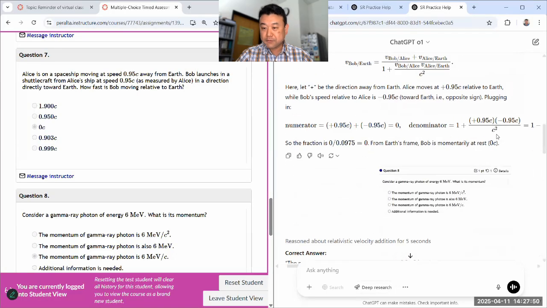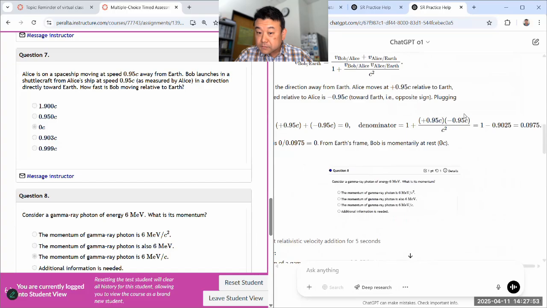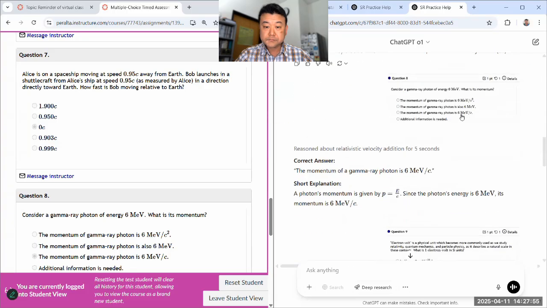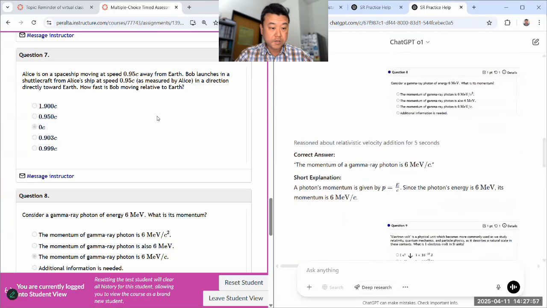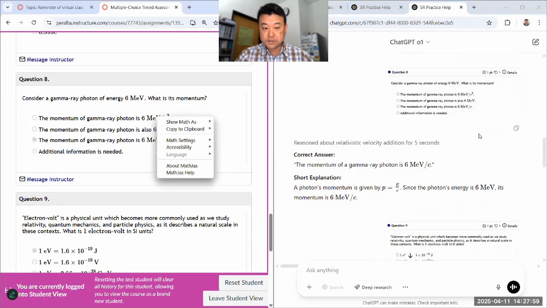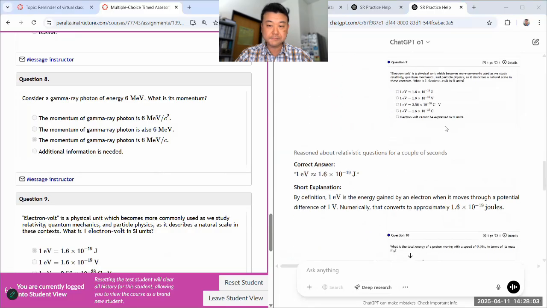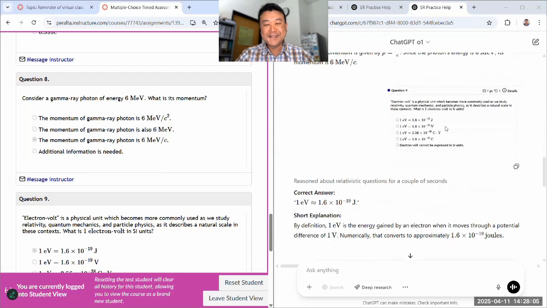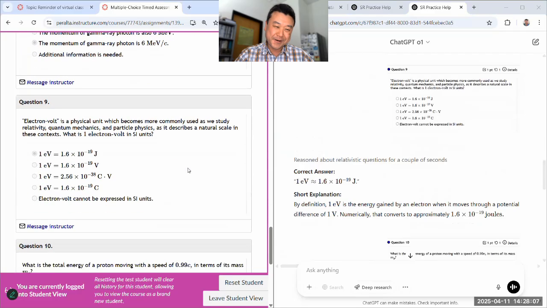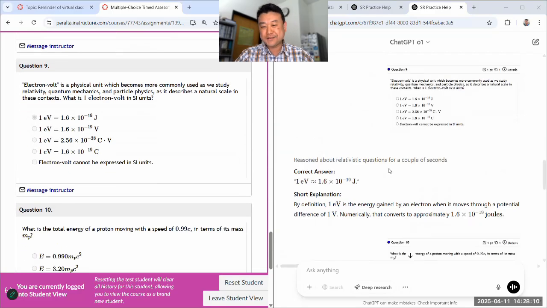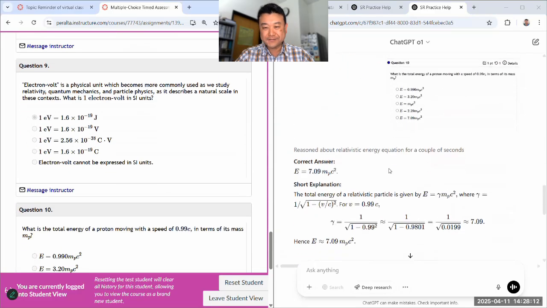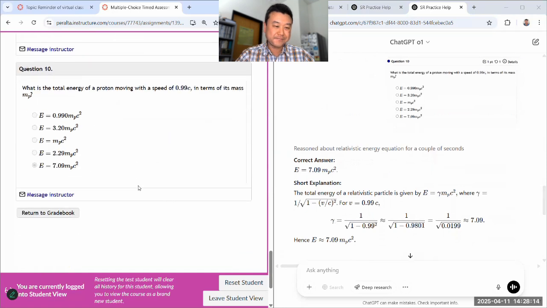Explanation probably right. Question 8. Correct answer. Explanation probably right. Question 9. Correct answer. Explanation probably right. And then question 10.